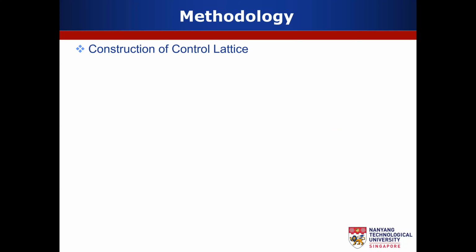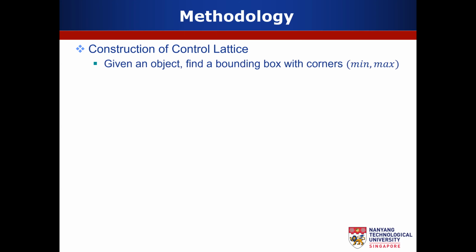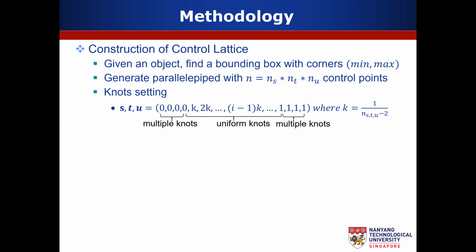So given an object to be deformed, we find a bounding box. Assume that the two offset corners of the bounding box have the coordinates min and max. So we generate a parallelepiped for the initial control lattice with n control points. To make the exterior faces of the parallelepiped close to the object, we set the nodes to satisfy the Bézier end conditions.